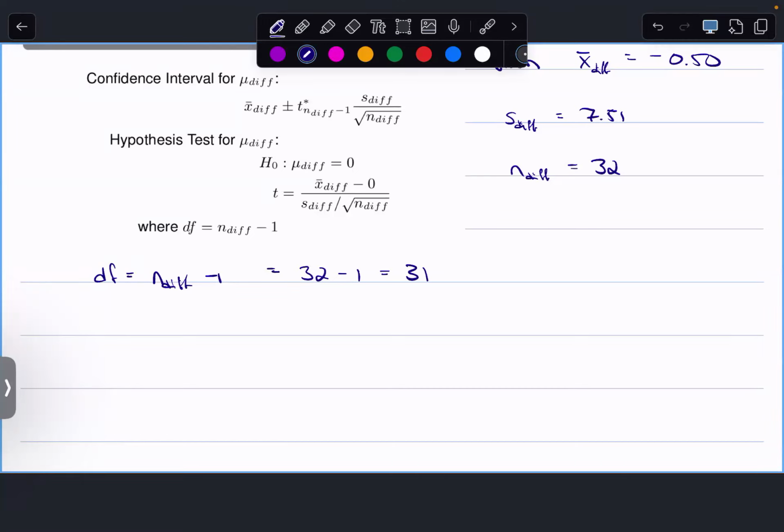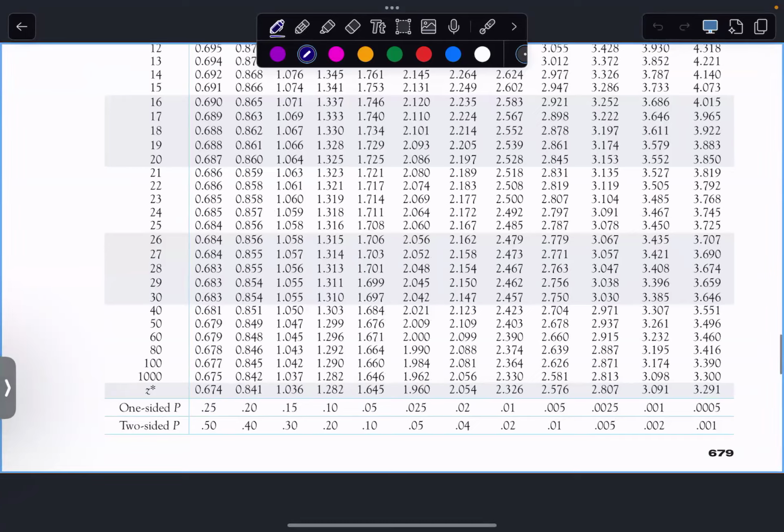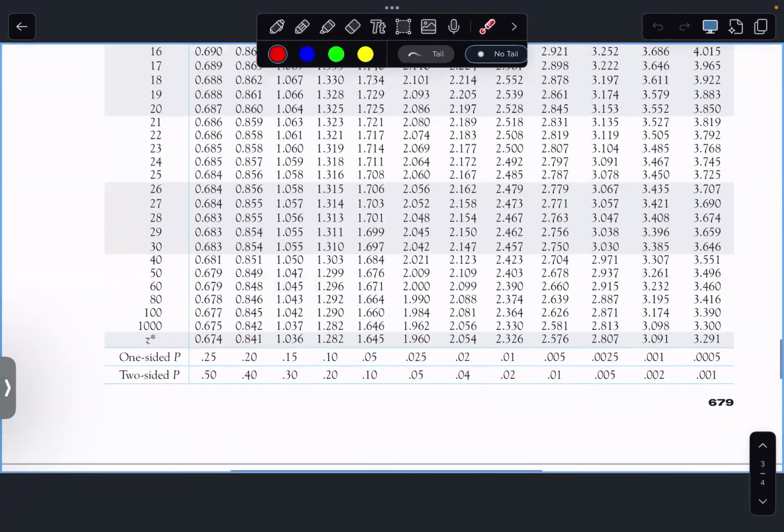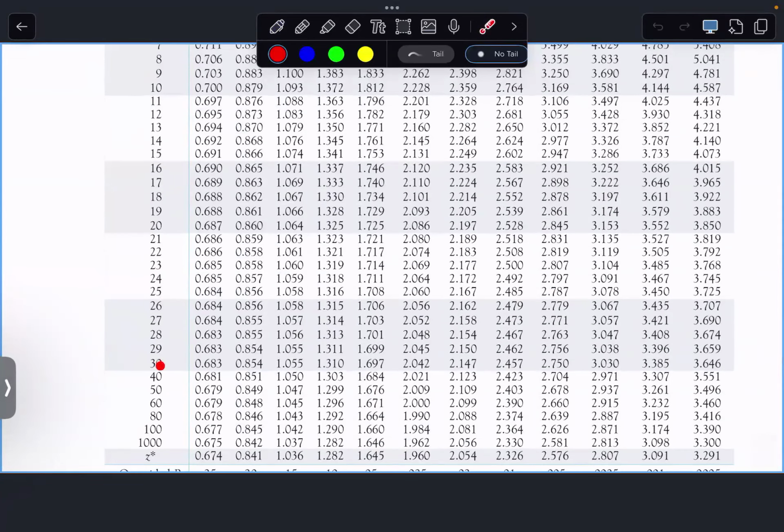If we go to our table, though, I know it stops moving up by 1 at 30. So I'm going to clarify that I'm using degrees of freedom equal to 30 on the table, because if I try to find 31 degrees of freedom, I know it starts moving by tens instead of ones, and so I'm going to use 30.